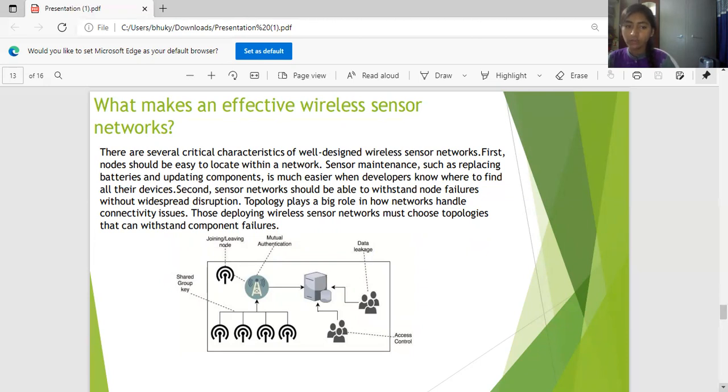Second, the sensor network should be able to withstand node failures without widespread disruption. Topology plays a big role in how networks handle connectivity issues. Those deploying wireless sensor networks must choose topologies that can withstand component failures.